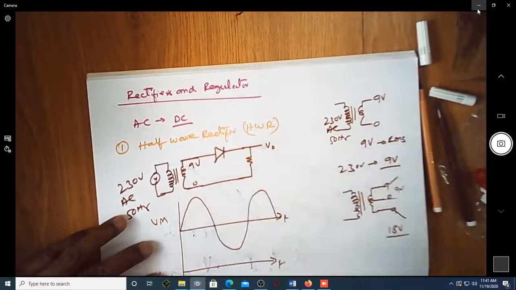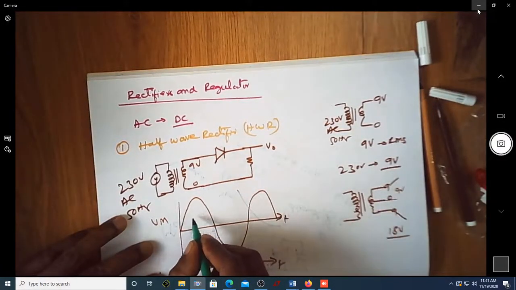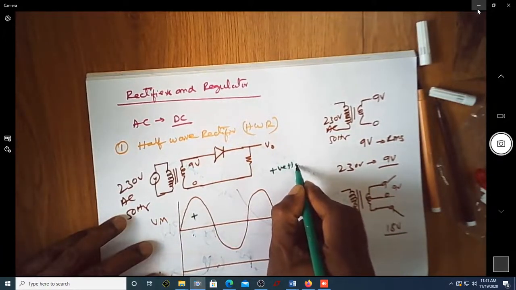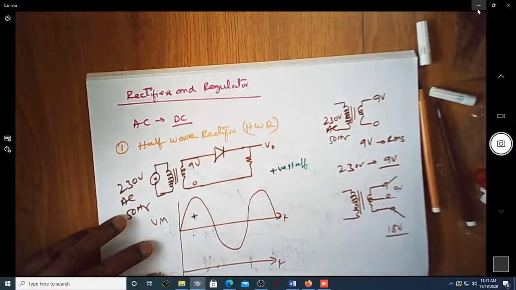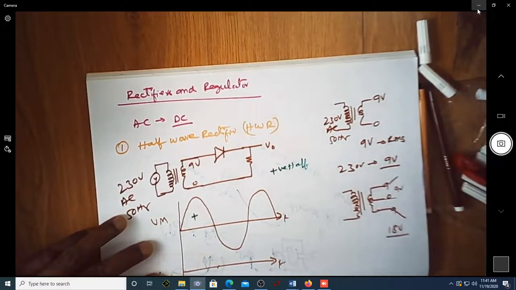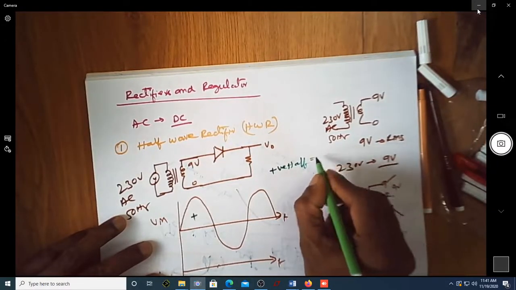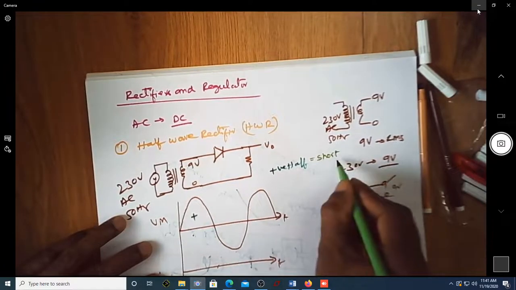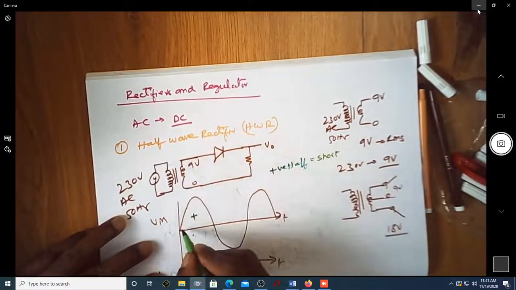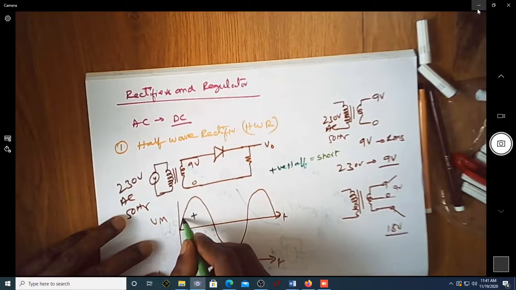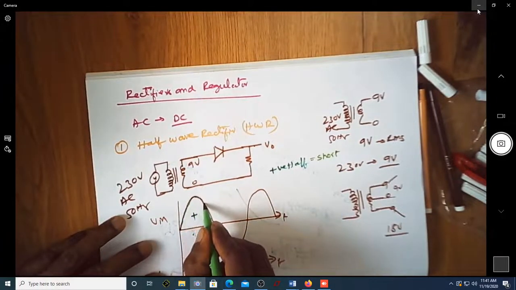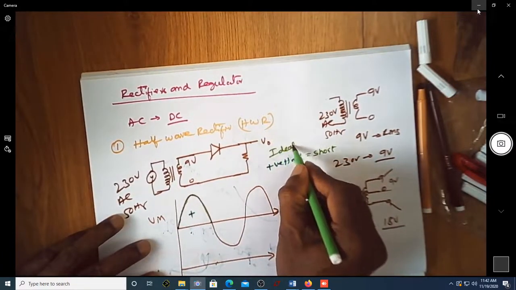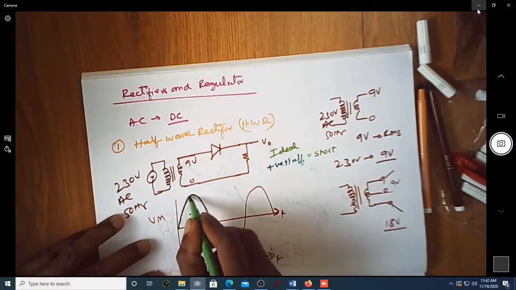If you consider this as an ideal circuit, during the positive half of the input waveform, the diode is conducting, so it will be a closed switch. So I will say this is short circuit. Once it is short circuit, V0 is equal to this. So V0 is simply following the input voltage. We are considering it as an ideal circuit, so it is simply overlapping on this.